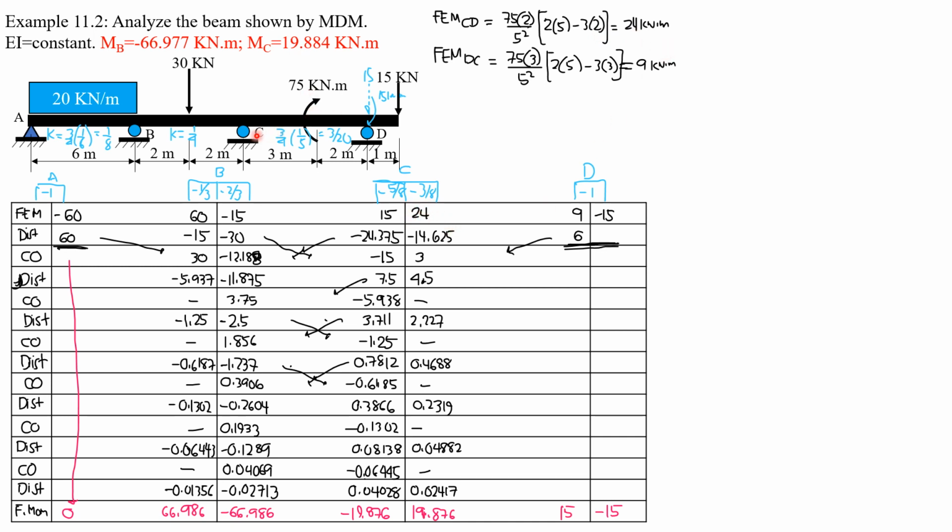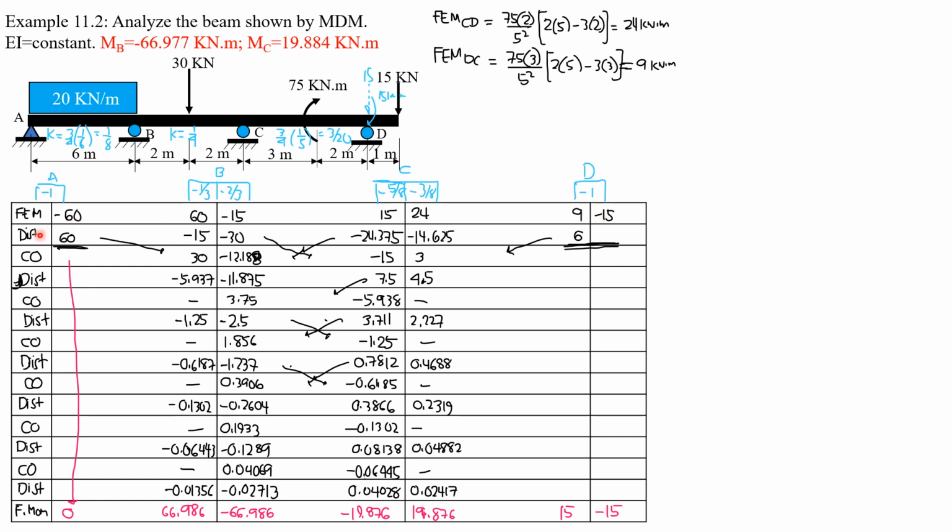Then fixed moment DC is MA over L square quantity 2L minus 3A. M is 75, A is the distance of the couple load from C, so 3 over 5 square, quantity 2 times 5 minus 3 times 3. And that is positive 9. Put it here. So moment DE, if there is E here, is negative 15. So I put it there.